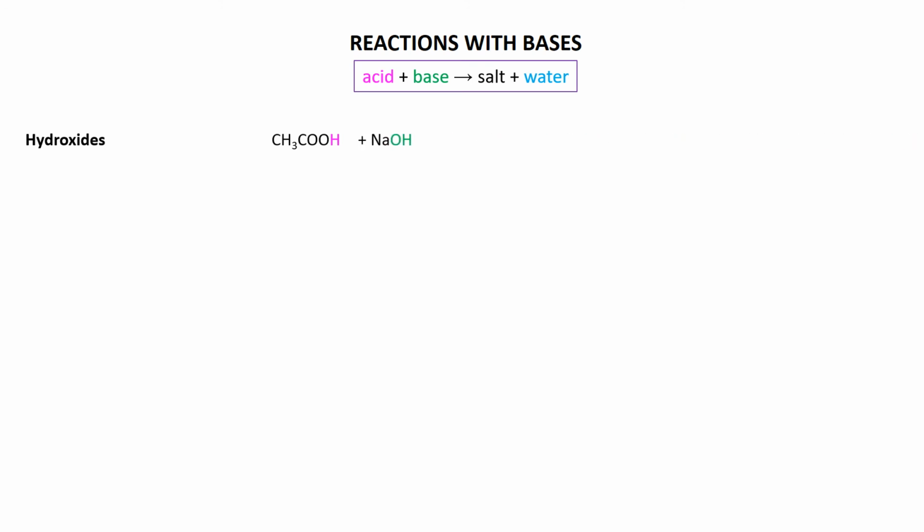They'll react with hydroxides quite happily. So acetic acid plus sodium hydroxide makes sodium acetate or sodium ethanoate plus water. We talk about the reaction of weak acids with strong bases extensively in the acid-base module, and we do calculations on it in the acid-base module extension material, so you've seen that before.